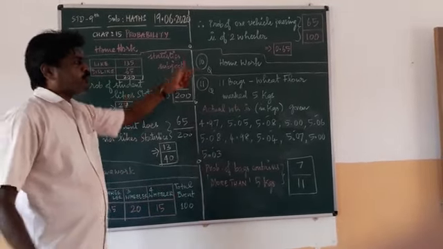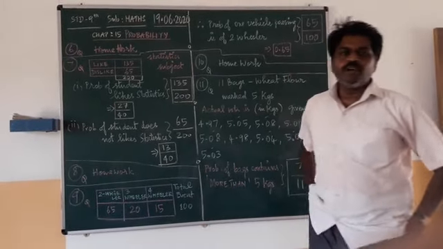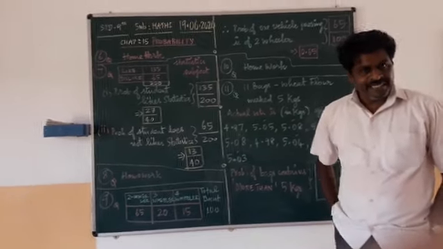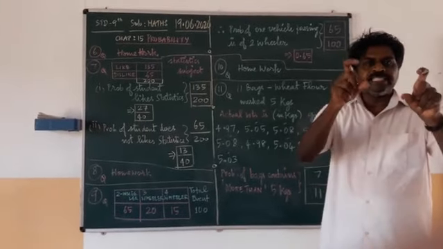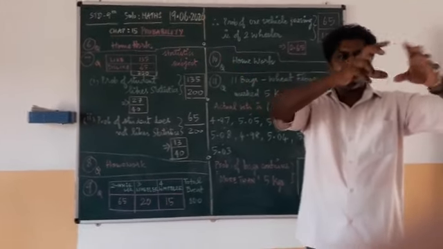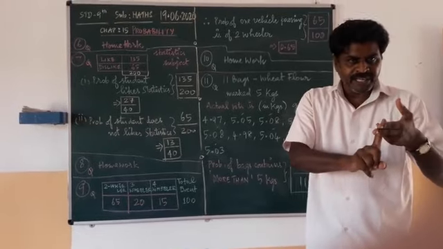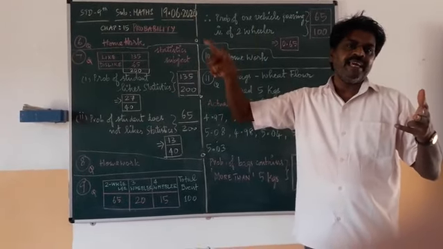The 10th question is also based on an activity. You have to select all the 3-digit numbers and pick the numbers which are divisible by 3. Where do the 3-digit numbers start? 100 is the first number, ending at 999.